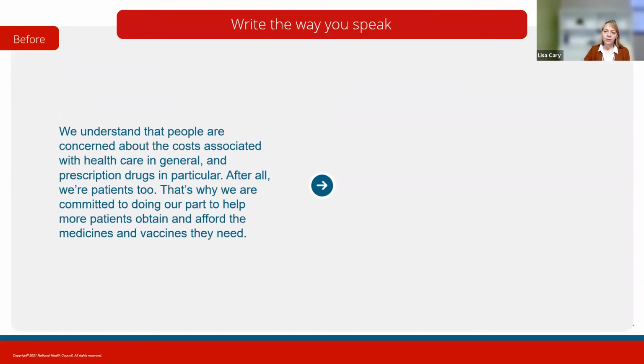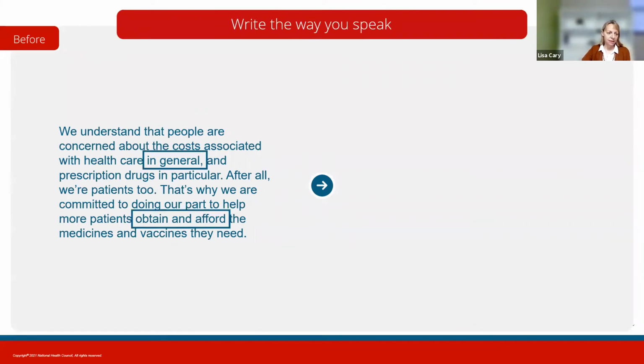Here's another example. This is a paragraph that uses words you probably wouldn't say in a conversation with someone. We understand that people are concerned about the costs associated with healthcare in general. You can tell this is maybe from a corporate report or something like that.